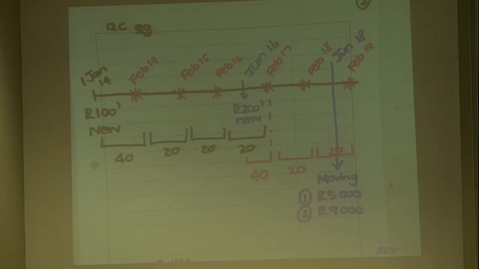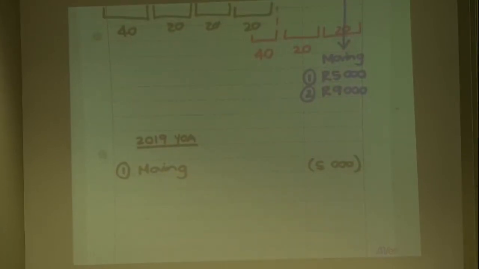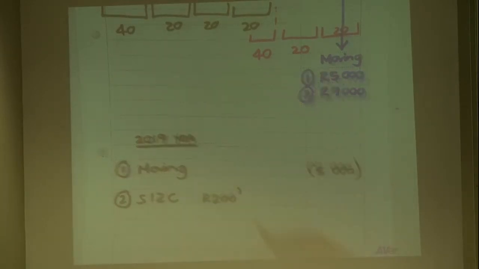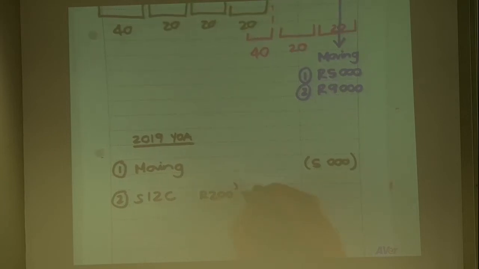So how would that look in terms of our calculation? Firstly, don't forget about your normal Section 12C allowance. You've still got an asset that's been written off here. It's an asset that cost us 200,000 Rand. In the current year, we are writing off 20% of it, which means our allowance in the current year just on the asset is 40,000 Rand.